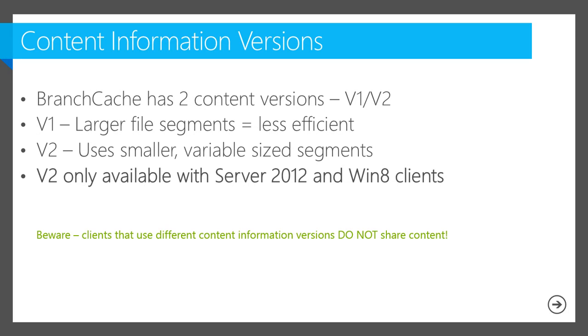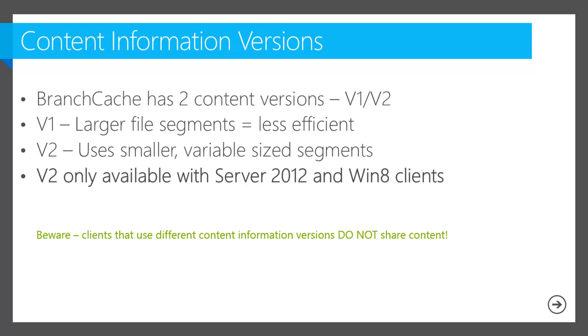It will not necessarily download the whole file, but it will download it from the point where the file changed to the end of the file. So it's not quite as intelligent. It's still a big bandwidth saving, but version 2, which is the Windows 8 version, uses a much cleverer algorithm, and it uses variable size segments. So if you do have a change to a file or a bunch of files, you're going to get a lot less data coming down.